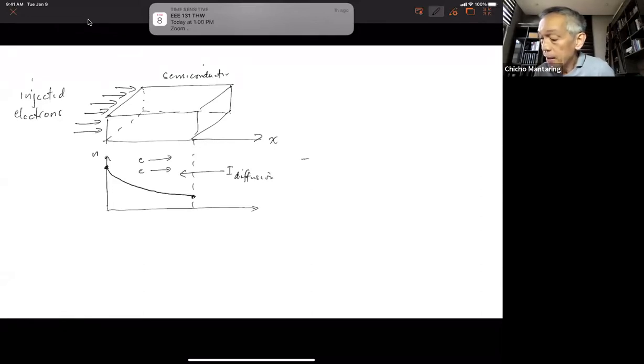The current density due to the diffusion of electrons, I'll call that Jn diffusion, will be proportional to the rate of change of your concentration with respect to x. And in fact, your formula now is Jn diffusion equal to q Dn dn/dx, where dn/dx is the rate of change of the concentration.